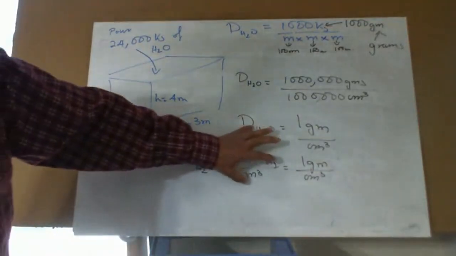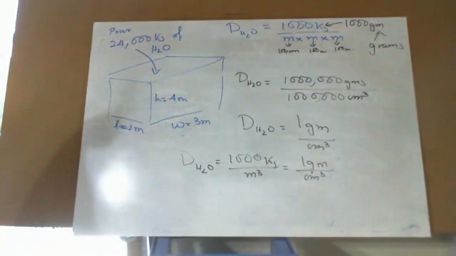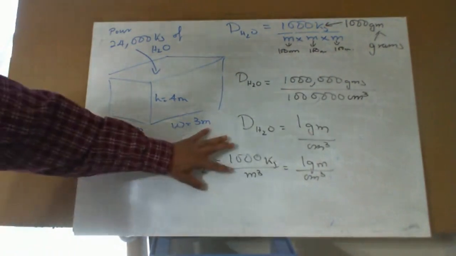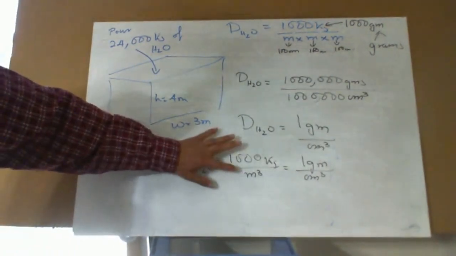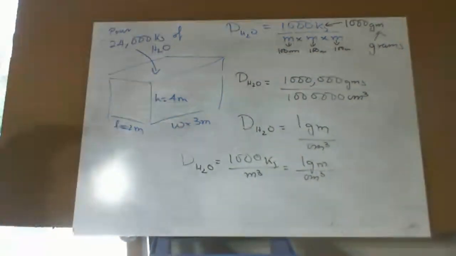Anything that has a density greater than 1,000 kilograms per cubic meter will sink in water. Anything that has a density less than 1,000 kilograms per cubic meter will float in water, right?